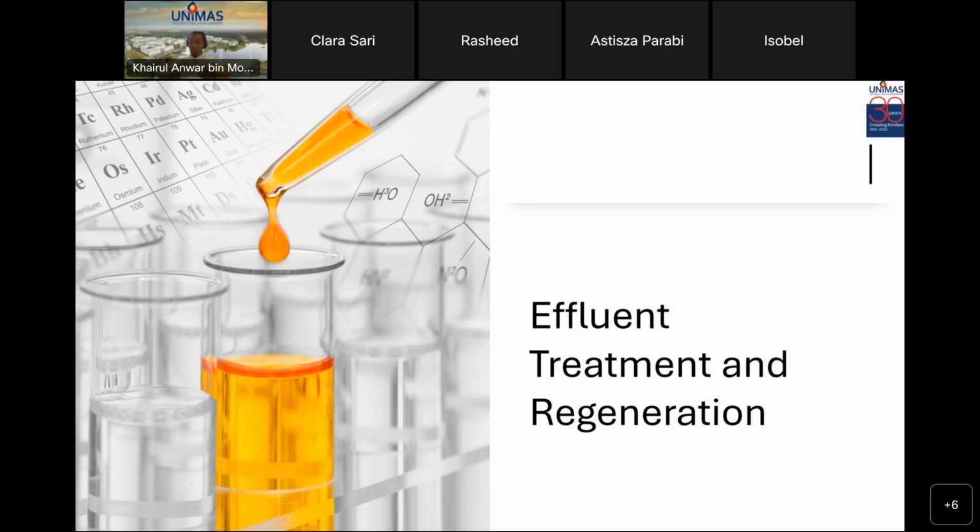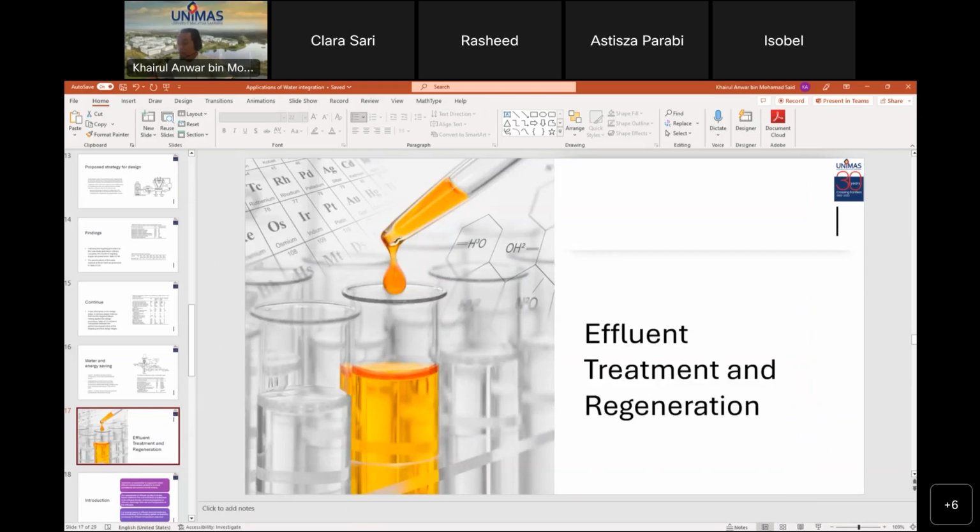Refer to Handbook of Process Integration, 21.4.